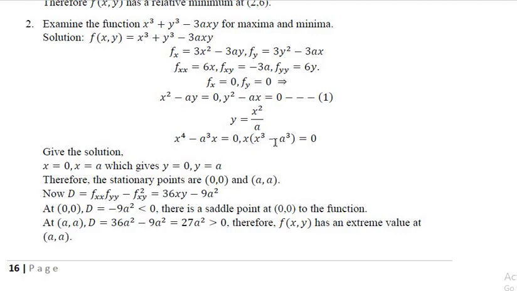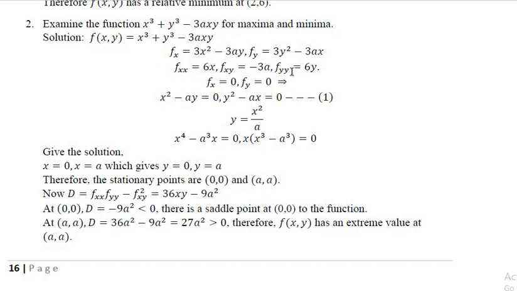Take x outside, x into (x cube minus a cube) equal to 0. Then solving, we will get x equal to 0 and x equal to a. And substituting this in y equal to x square by a, we will get y equal to 0 and y equal to a. So the stationary points or critical points are (0, 0) and (a, a).